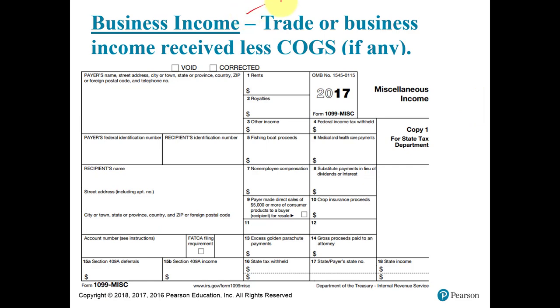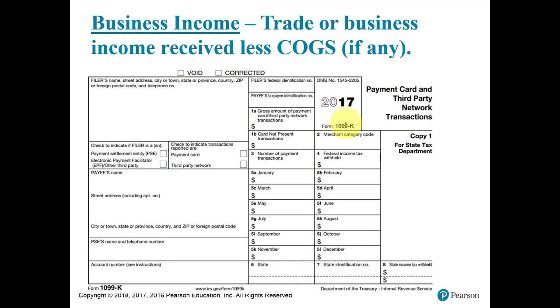Next type of income, business income. So if you're a business receiving money from another business, you're receiving this type of income here. You're not an employee, non-employee compensation. Now, if you were an employee receiving money from a business, you would receive a W-2 form. Something similar to this 1099 miscellaneous form is a 1099-K, something relatively new.